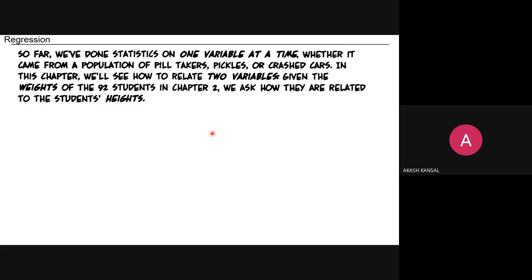But in this chapter we'll see how we relate two variables with each other. If you remember, in session 1 we took an example where we were plotting the heights and weights of 92 students, and now we try to see how they are related.